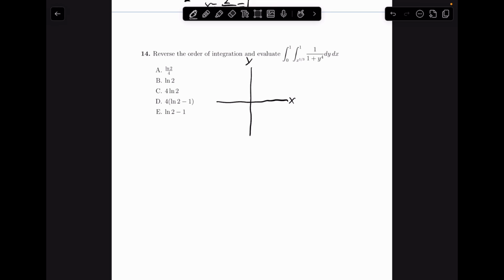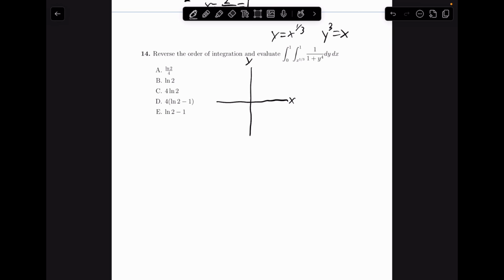plane. So y is going from x to the 1/3 power. I have an idea what that is, but it's not exactly apparent. If we cube both sides, though, we can get y cubed equals x. And hopefully you know what y equals x cubed looks like.